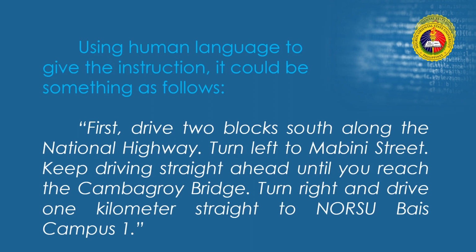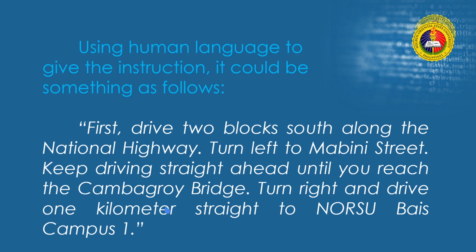That's exactly what Gideon said earlier: south, and then 2 blocks. Turn left to Mabini Street, the one by the BPI at the corner of the police station. And then keep driving straight.